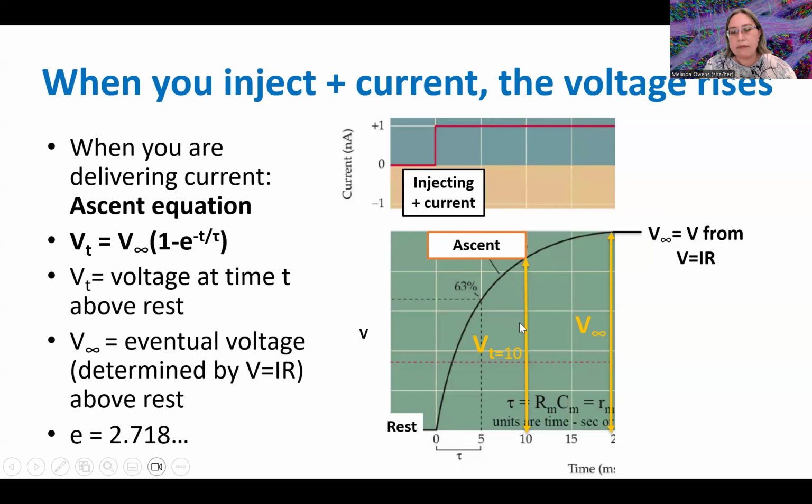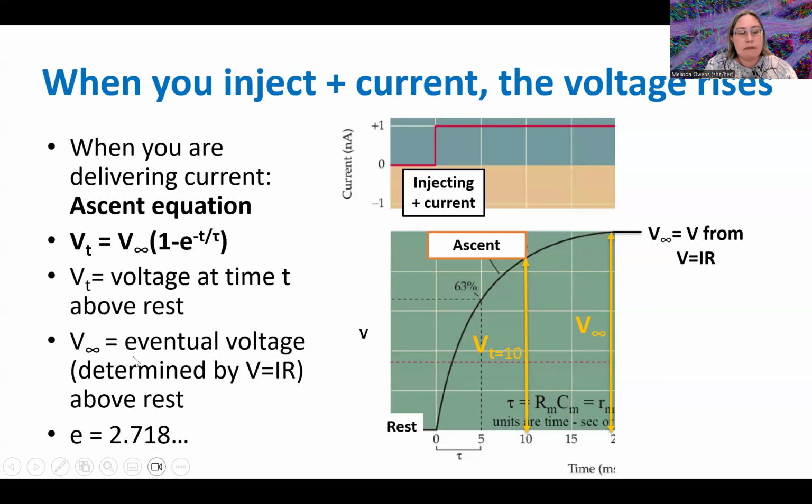This is not the raw V. So if rest is negative 65 and this is negative 32, the V_t is not negative 32. It's the difference between negative 65 and negative 32, which is 27 millivolts or so. Hope I did that math right.